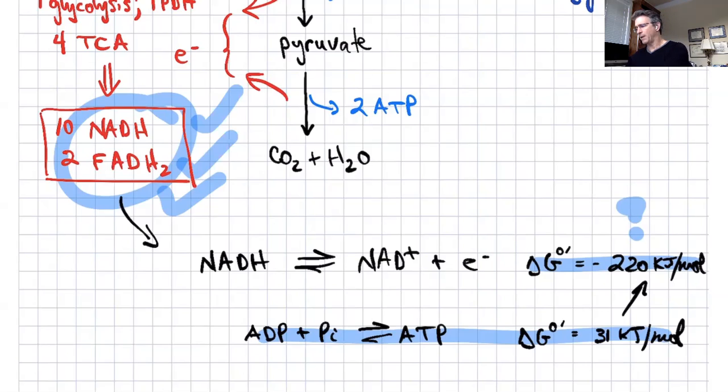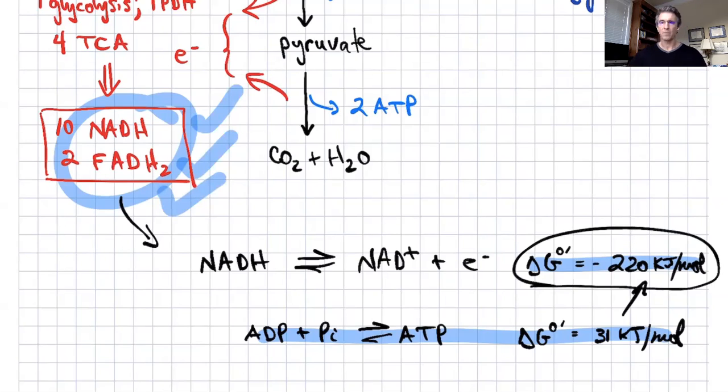Okay, so to understand really how this all gets put together, one of the first things we have to do is think a little bit about this free energy question. Why is it that these reduced nicotinamide or flavin rings have so much free energy in them? From the point of view of free energies, the way we've talked about it up to this point in the class, I've mostly been talking about hydrolysis free energies, right?